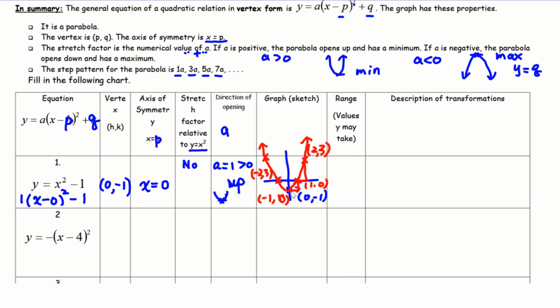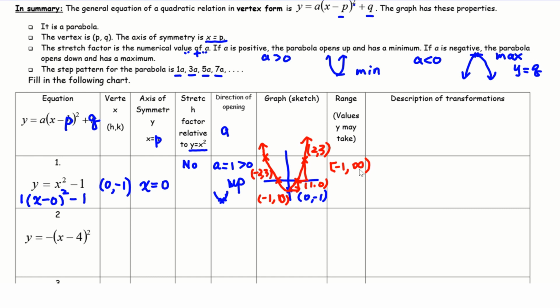From here, the lowest point, the minimum for y, is -1, and it keeps going up to positive infinity. Since it includes -1, we use a square bracket.